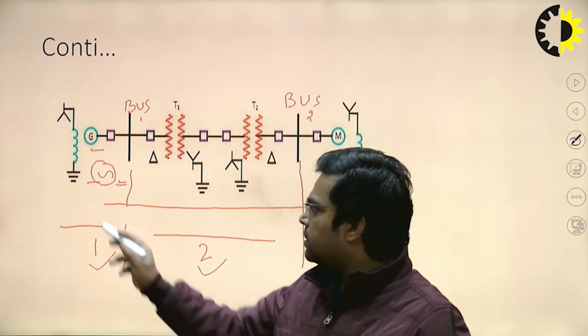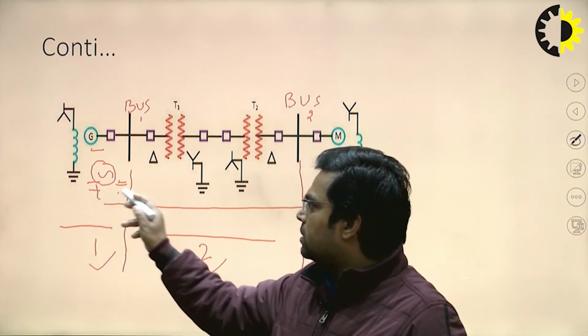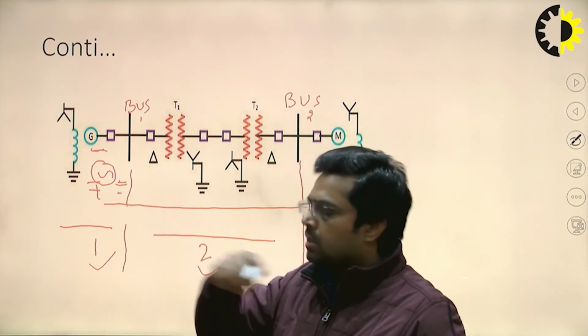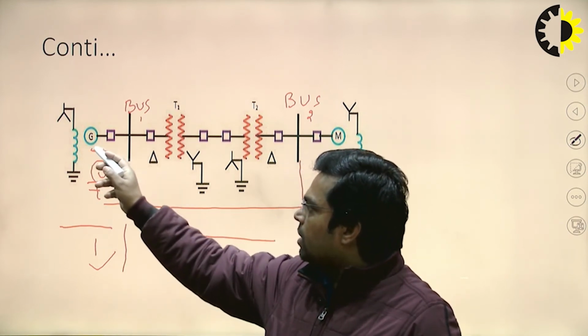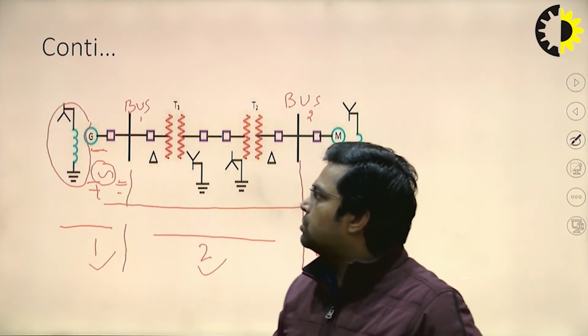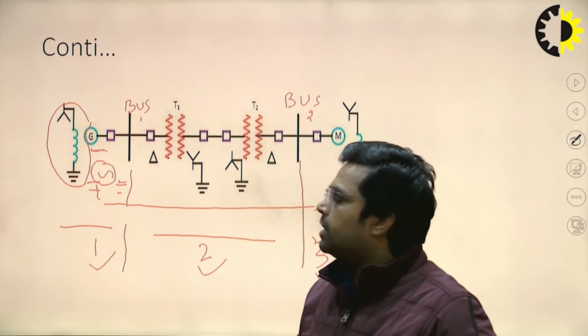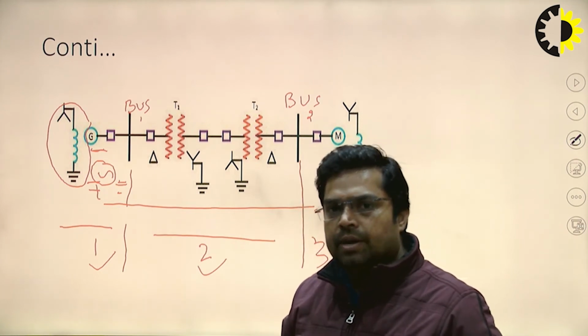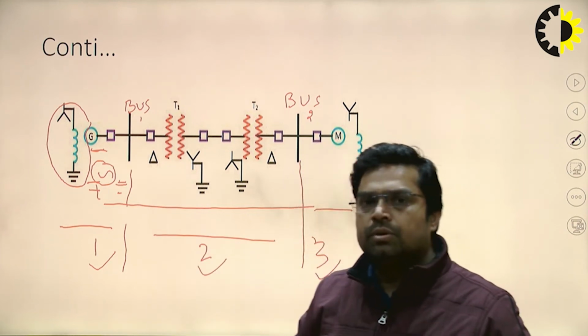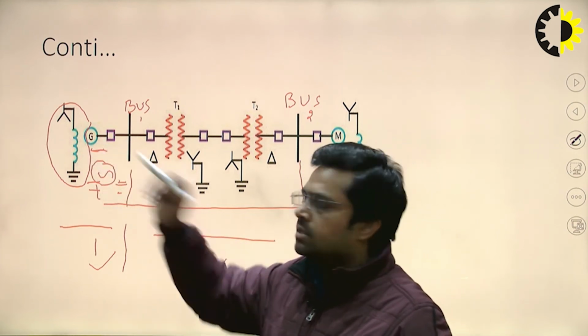They will be represented by a specific symbol. So this is represented as a generator, and this connection shows how the generator is grounded. You can see the generator is grounded through a star solid, a star reactance grounding.